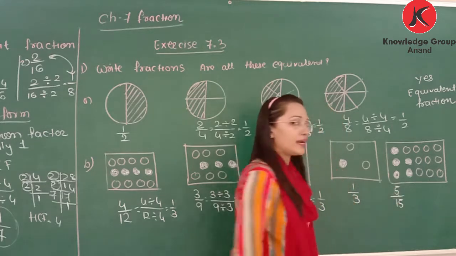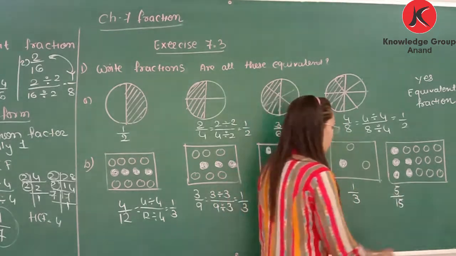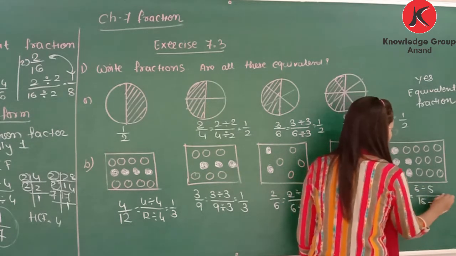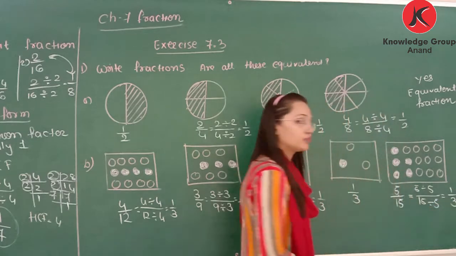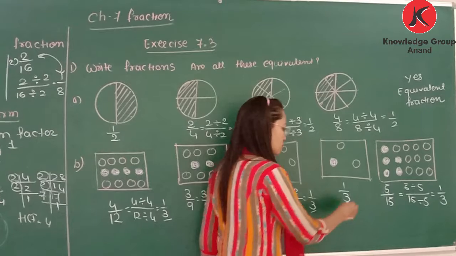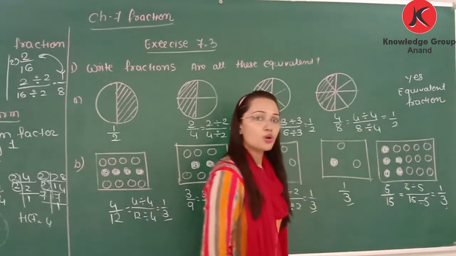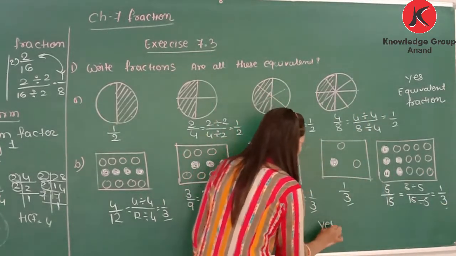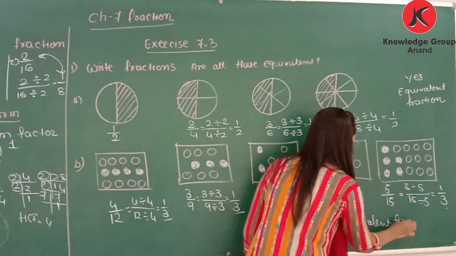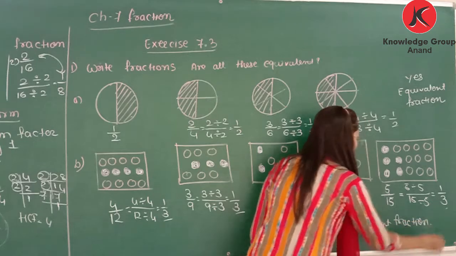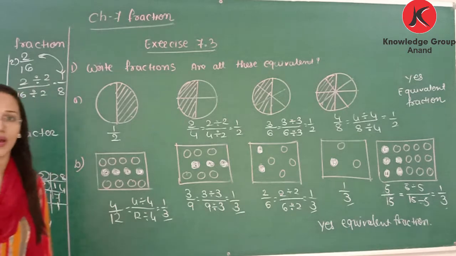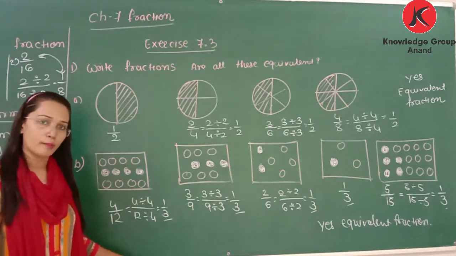Now each numerator and denominator is divisible by 5, so we divide by 5. We get 1 by 3. Now you can see here 1 by 3, here it is also 1 by 3, 1 by 3, 1 by 3 and 1 by 3. So again, yes, it is an equivalent fraction. So if you want to find whether fractions are equivalent or not, convert each fraction into simplest form by dividing it by the highest common factor.